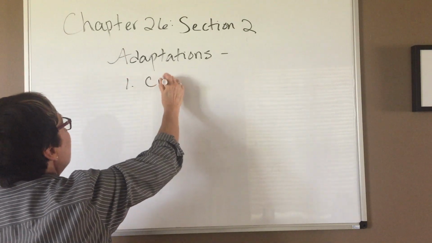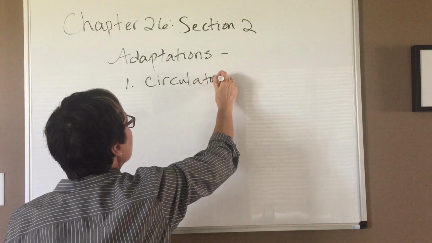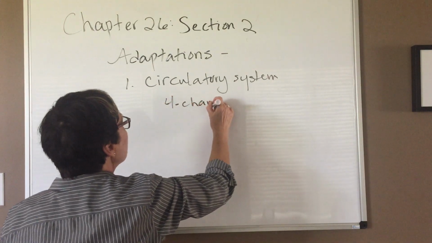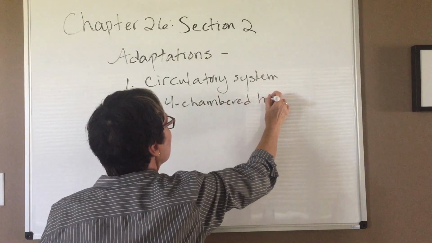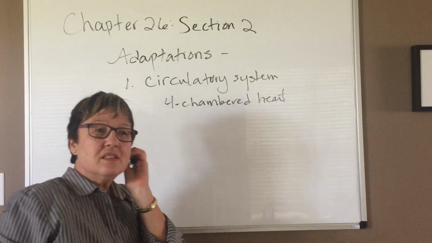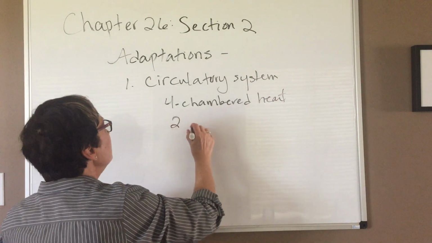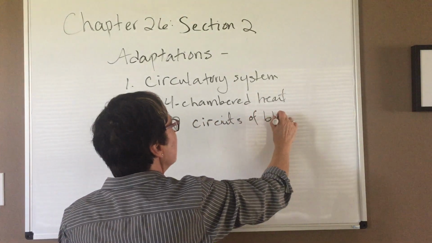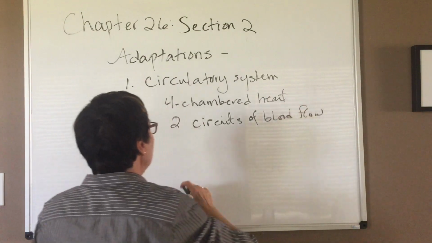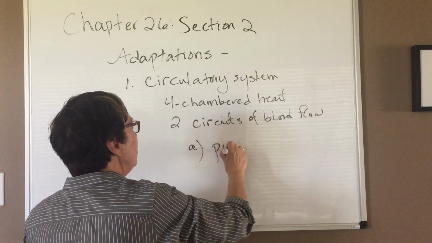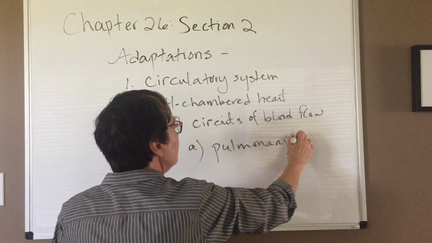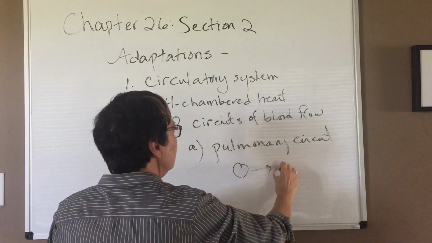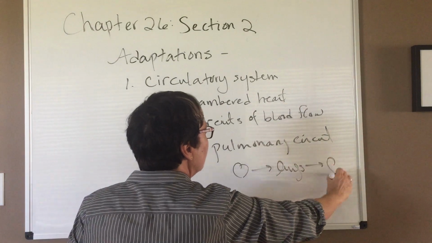Okay, number one, if we look at the circulatory system, we now have a 4-chambered heart, which means that we have 2 circuits of blood flow. The first one is called the pulmonary circuit, and this would be from the heart to the lungs, back to the heart.